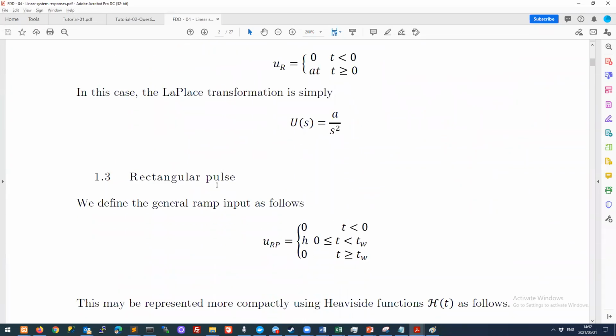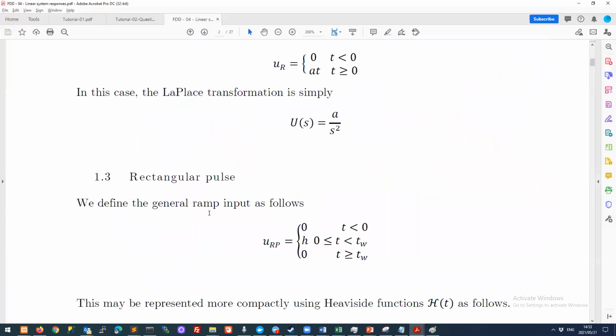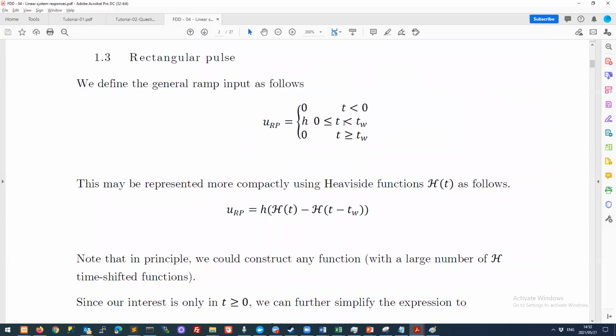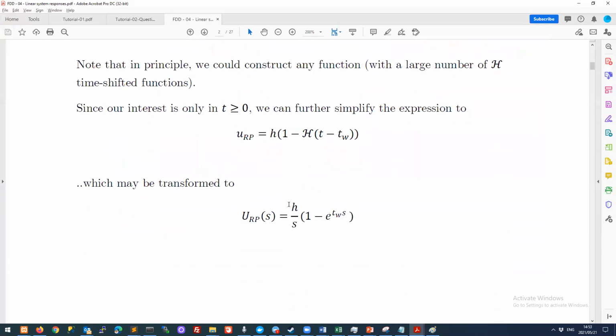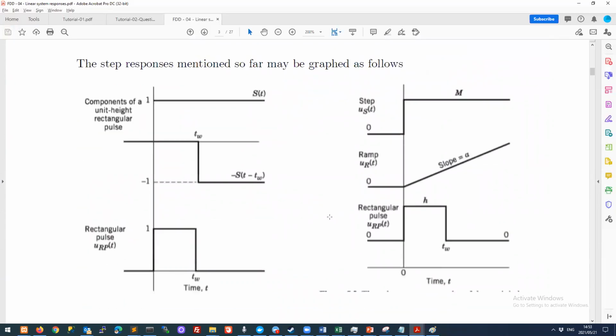And then if you apply a rectangular pulse, so if you say, well, let's just try to increase the value for a while and see what happens. If you raise the value, if you increase the flow rate, let it be there for a while and then come back to the original value, then that's a rectangular pulse. Then again, you can Laplace transform that. So we showed all those Laplace transformations.